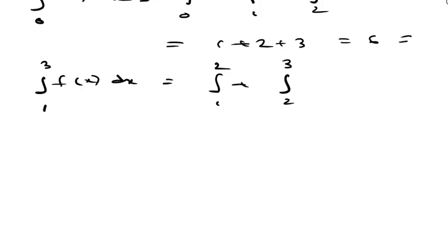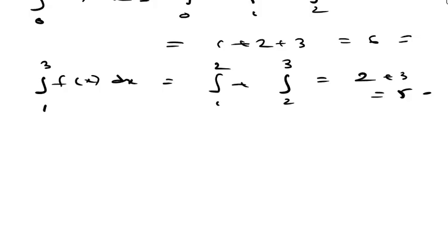The second term is the integral of 1 to 3 of f(x) dx, which is 1 to 2 plus 2 to 3, equal to 2 plus 3, which is 5.